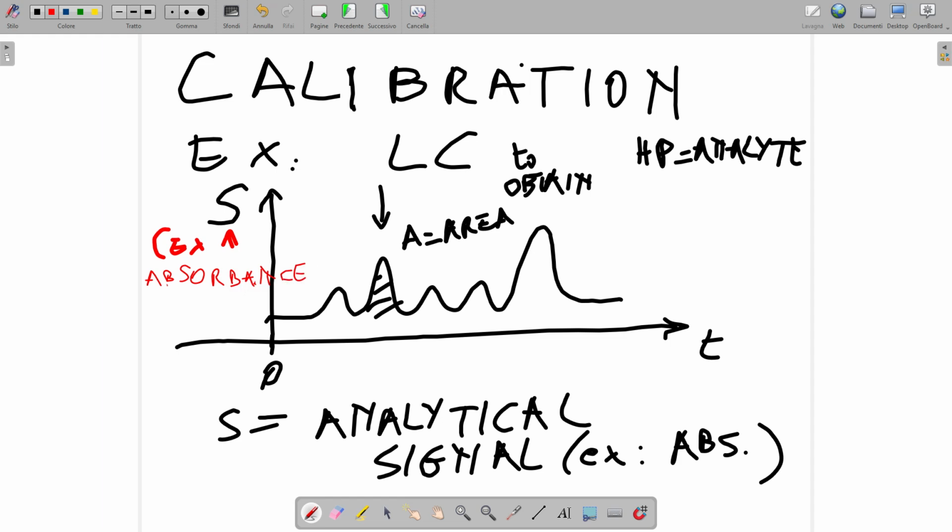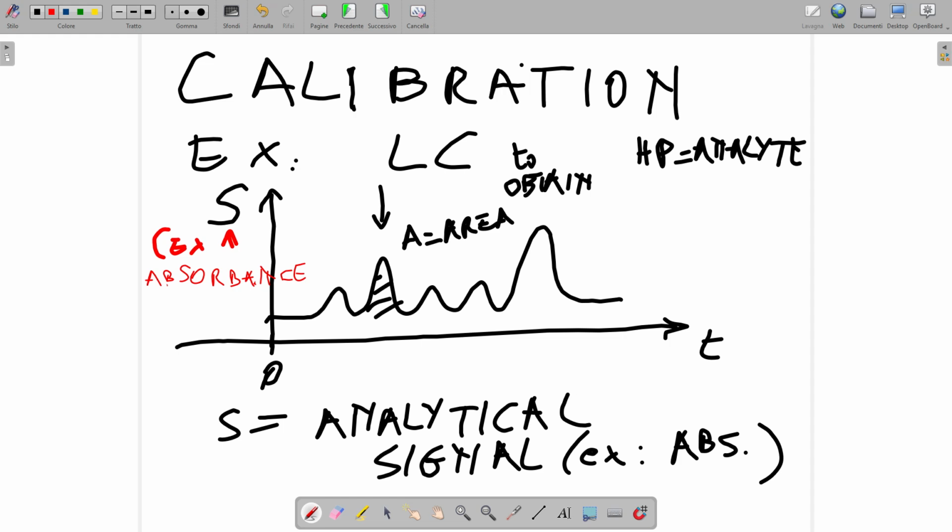And there is an empirical rule for which, if absorbance exceeds unity, we lose linearity. So we should have the maximum area such that the height is not higher than 1.